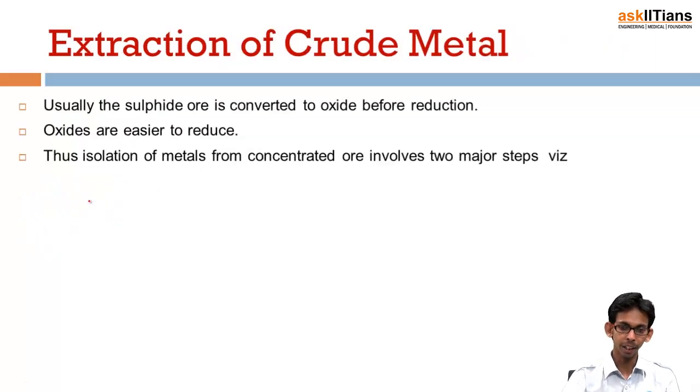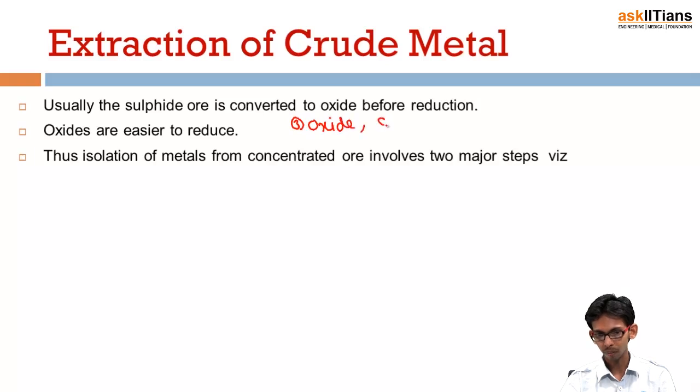Usually the sulfide ores are converted to oxide before reduction. Oxides are easier to reduce, thus isolation of metal from concentrated ore involves two major processes. We have discussed that we have three types of ores: oxide ores, sulfide ores and carbonate ores.